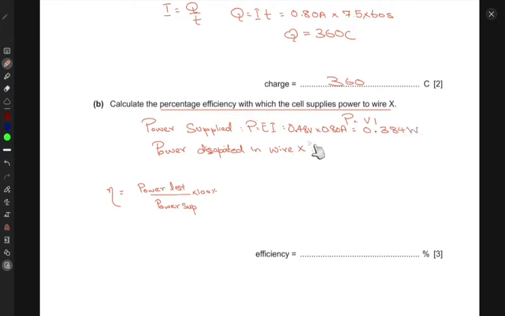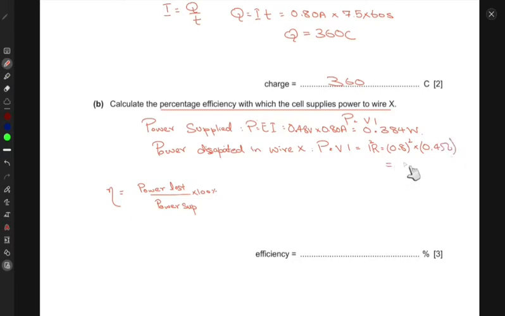And the power dissipated in wire X is P equals VI, so the potential across this wire X times the current that flows through it. We can rewrite this as V is equal to IR, so this is IR times I, which becomes I squared R. Now we know both of these values. The current is 0.8 squared times the resistance, which is given as 0.4 ohms.